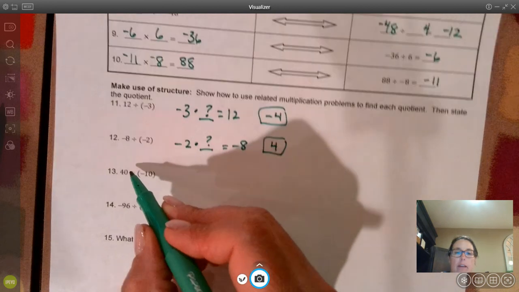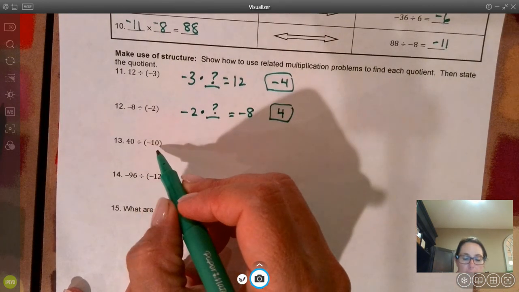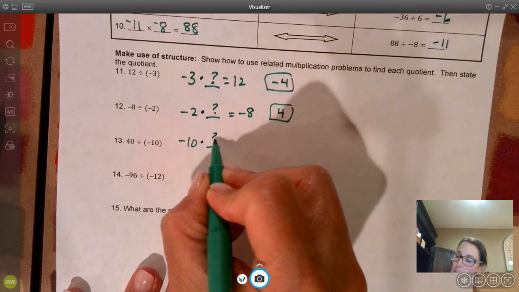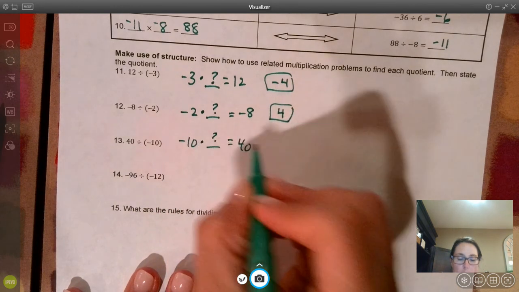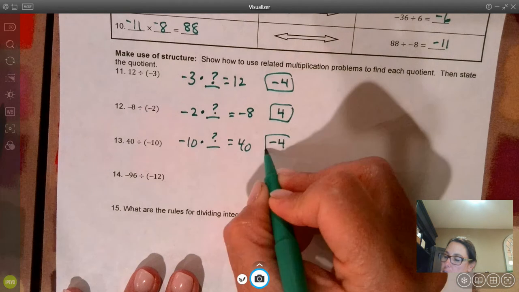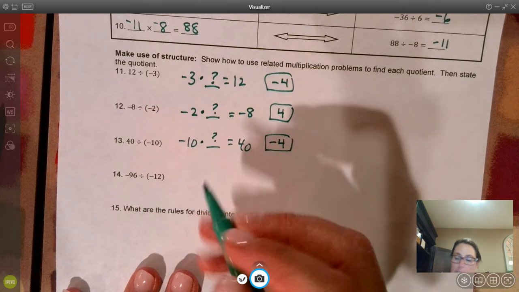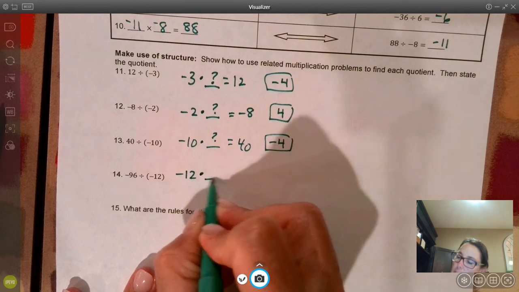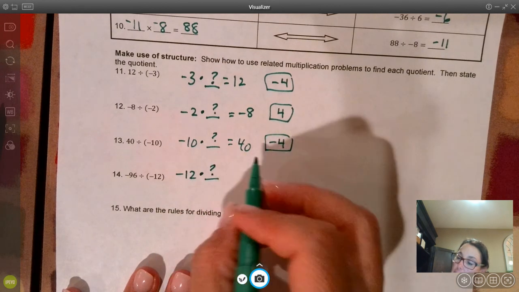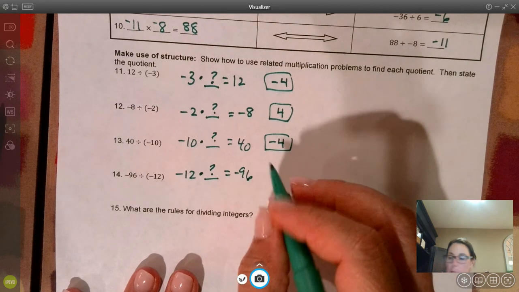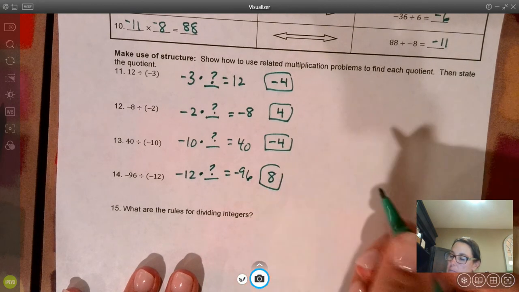This one, 40 divided by negative 10. Isn't that the same thing as saying negative 10 times something is 40? And that's a negative 4 answer. Negative 96 divided by negative 12, isn't that the same as negative 12 times something is negative 96, which is positive 8?